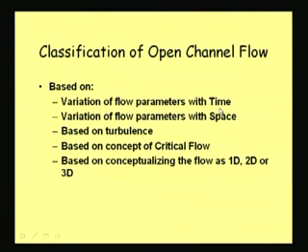These are some of the criteria. We can classify open channel flow based on variation of flow parameters with time. Then we can classify it on the basis of variation of flow parameters with space. First, let me go to what a flow parameter is.